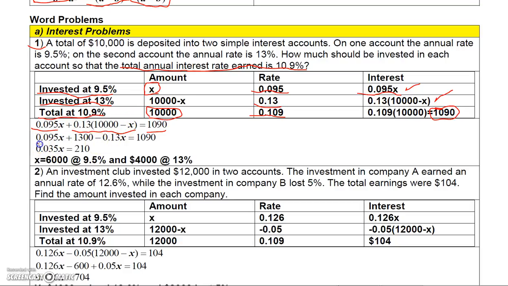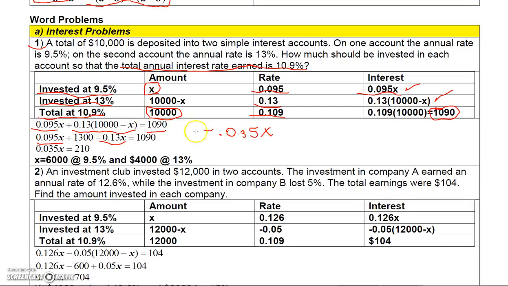Now, grab a calculator if you need to, but if you take 0.095x minus 0.13x, you're going to get a negative 0.035x.